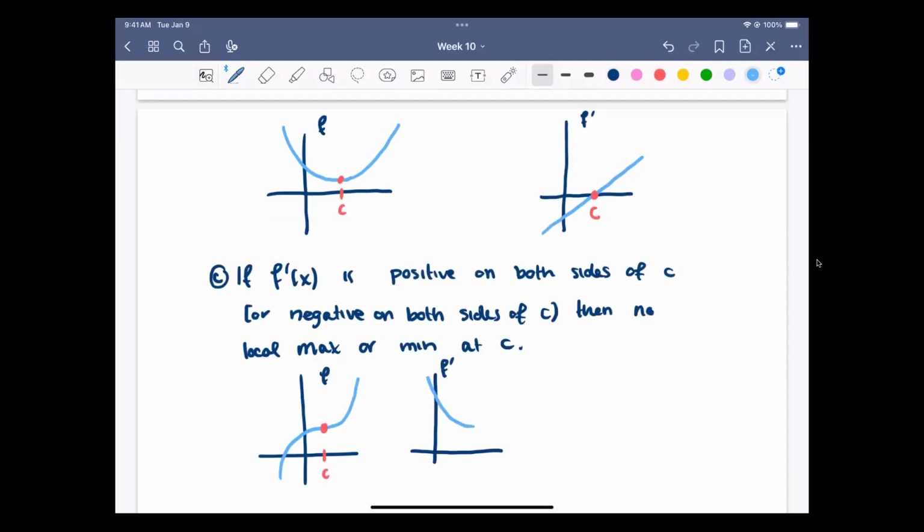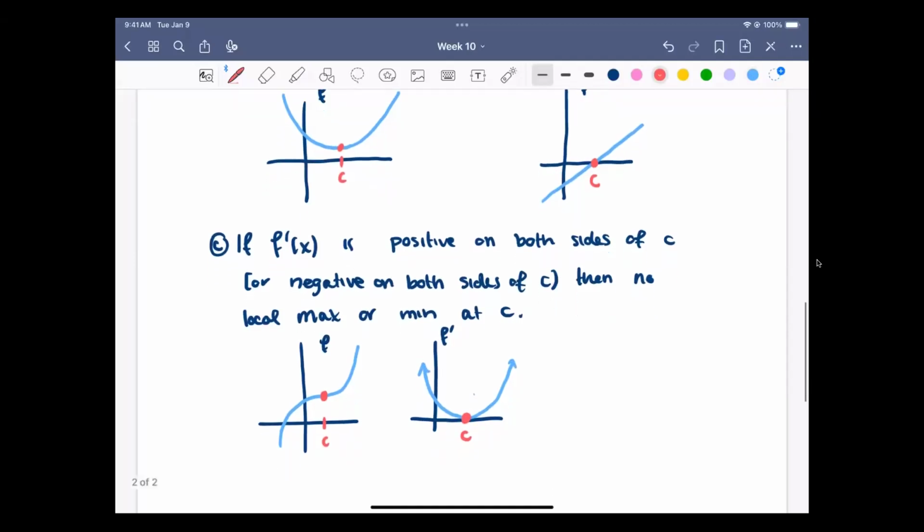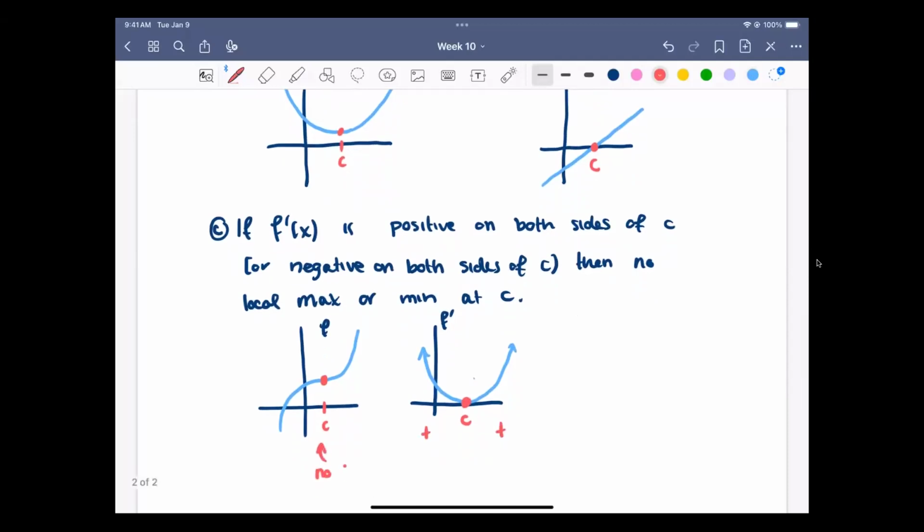I'm just trying to make sure what I draw is accurate. Oh no, it should be 0 at C. So hold on. Okay, does that make sense? Here the derivative is positive on both sides of C, and so we get no local max or min.